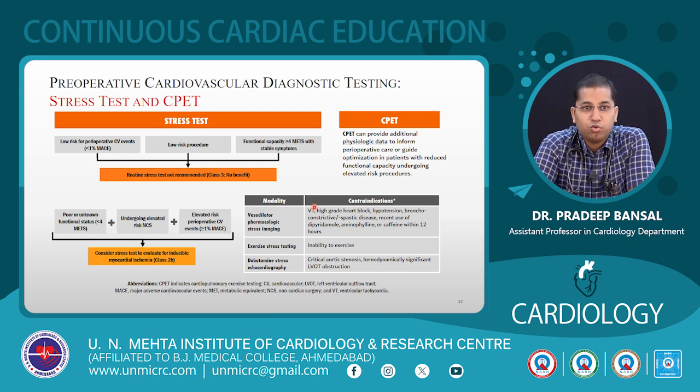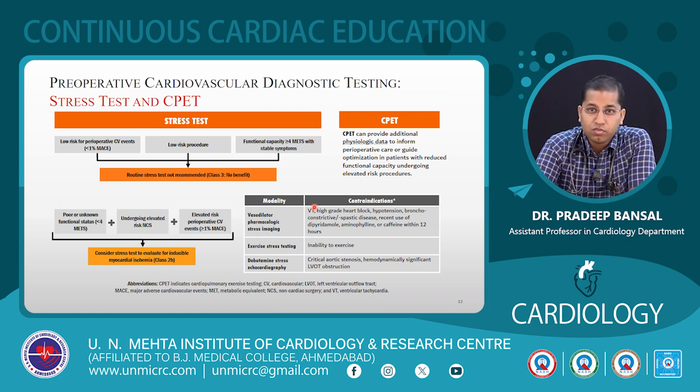But if the patient has poor or unknown functional status, less than 4 METs, is undergoing elevated risk non-cardiac surgery, and has elevated perioperative risk, more than 1% MACE, then stress testing should be considered. That is a class 2B indication. CPET can provide additional physiology data to inform perioperative care or guide optimization in patients with reduced functional capacity undergoing elevated risk procedures. And there are multiple modalities of stress tests, like vasodilator pharmacologic stress imaging, exercise stress testing, and dobutamine stress echocardiography.